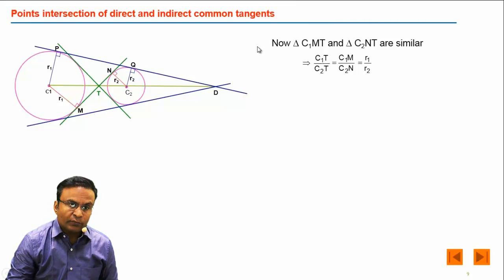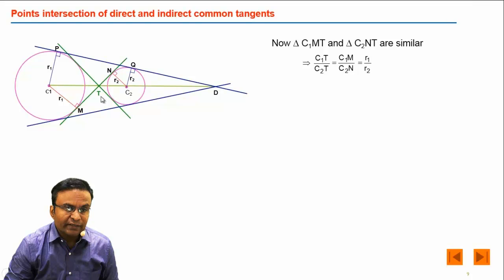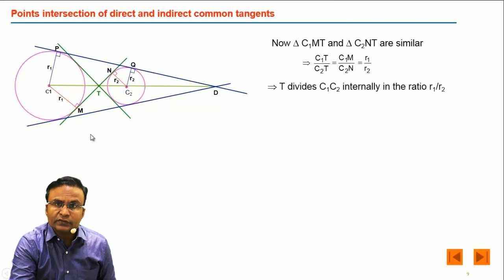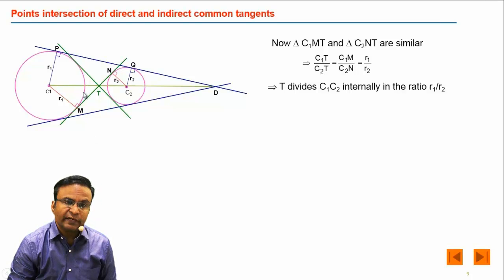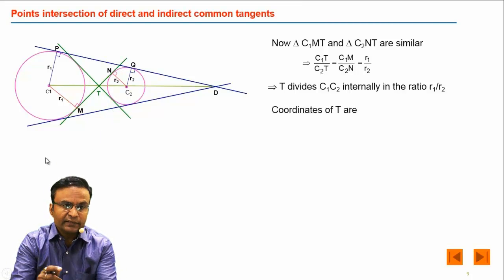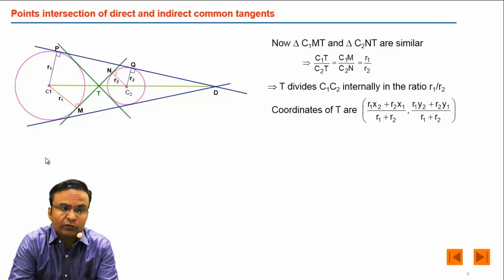From this ratio, we can say point T is dividing C1C2 internally in the ratio R1 upon R2. We have the coordinates of the centers C1 and C2. So we can now find the coordinates of point T as (R1x2 plus R2x1) upon (R1 plus R2), (R1y2 plus R2y1) upon (R1 plus R2). This is from the internal section formula.